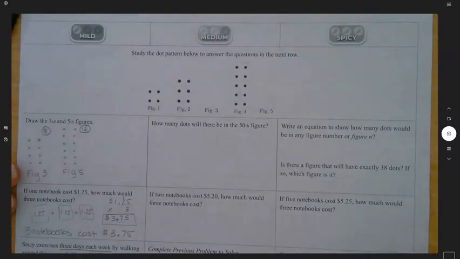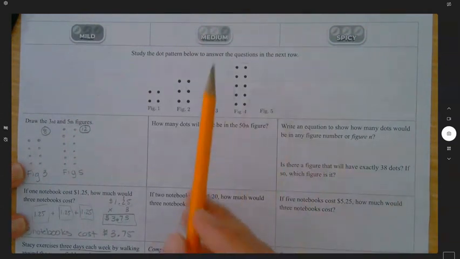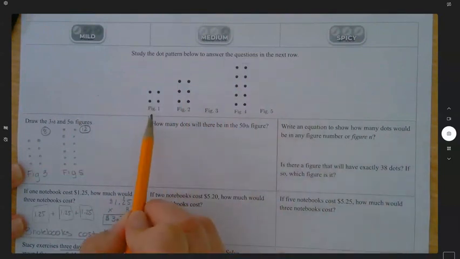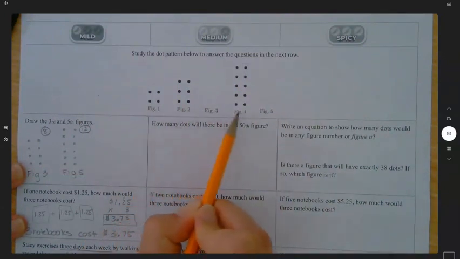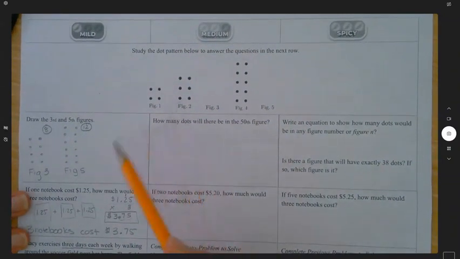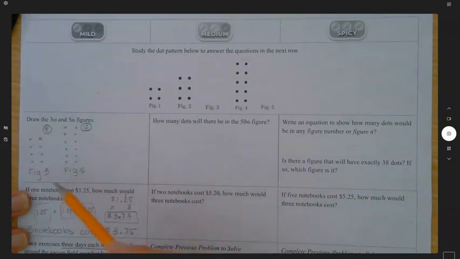The back side, we start with a dot pattern. And we just study the dot pattern below to answer the questions in the next row. We have spaces for 5 figures, but we're missing figure 3 and figure 5. In the mild section, we were to create figure 3 and figure 5, which are over here.